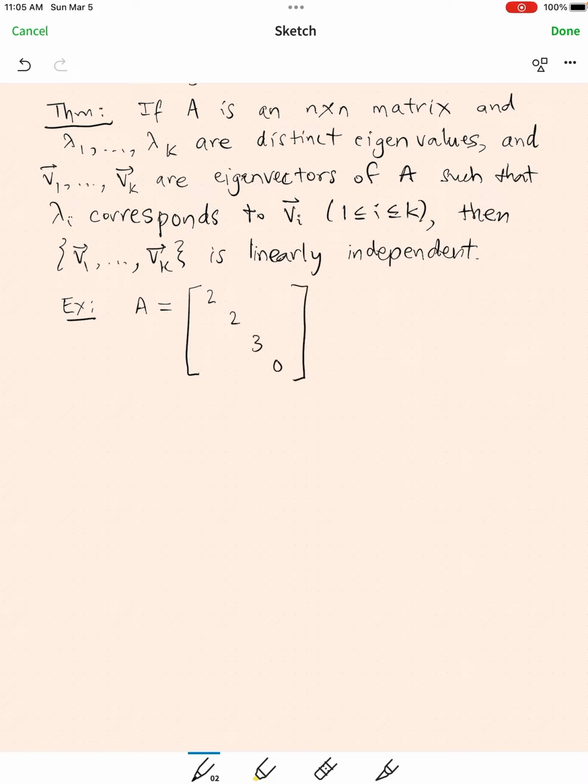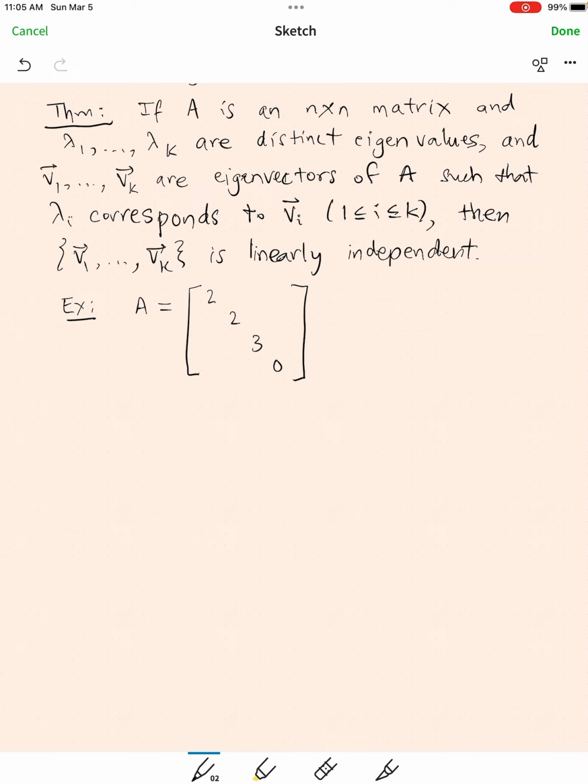Okay, this is a 4 by 4 matrix. It's easy, this is a diagonal matrix. A diagonal matrix, remember, 0 can be a diagonal entry for a diagonal matrix. Diagonal matrix just means that all the numbers that are not on this diagonal are 0.